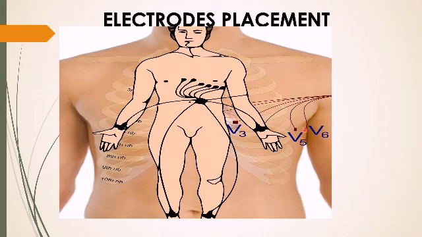Then at the mid axillary line, just in the middle of the axilla, that is the V6 position. I think you see it. That is V6. We are going to see what V stands for.